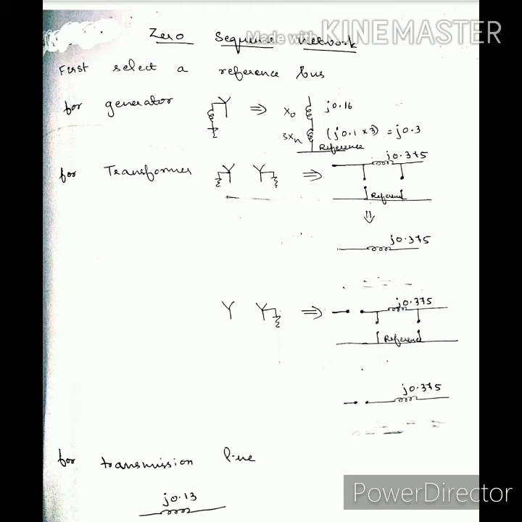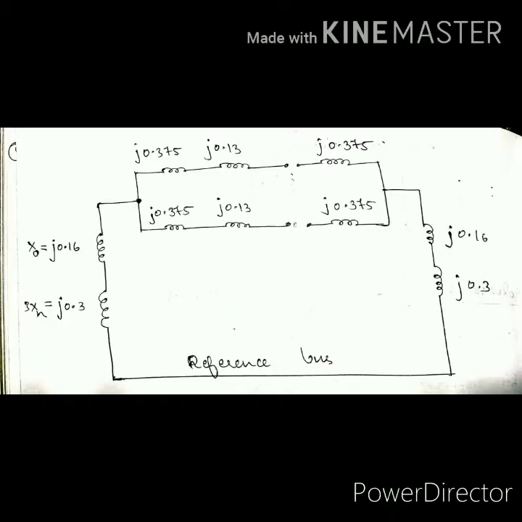You have two transmission lines of the same rating, so they are just represented by j0.13, the value which you have found. Now all this together you have to combine and draw the zero sequence network. According to the same shape of the power system given in the problem, you have to combine all the reactances and draw the final zero sequence network.